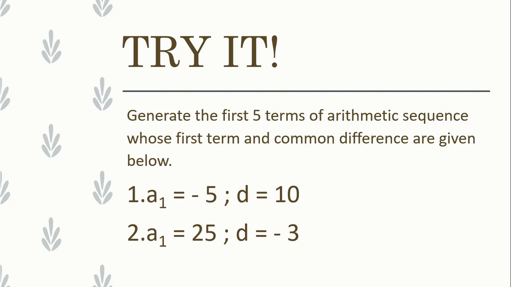Number 2, the first term is 25, and the common difference is -3. Afterwards, you are going to answer guided questions for us to analyze the relation of arithmetic sequence and linear function. You can pause the video while you are listing the terms of the sequence.